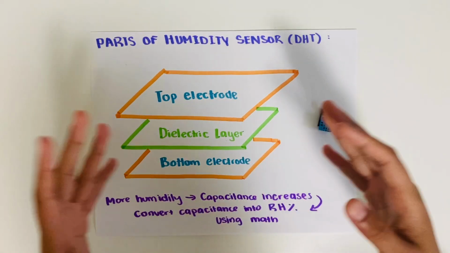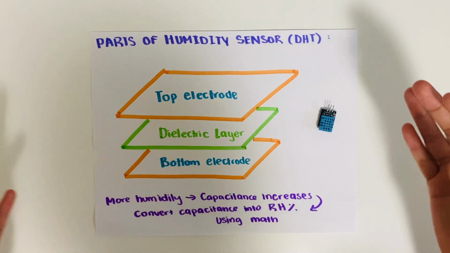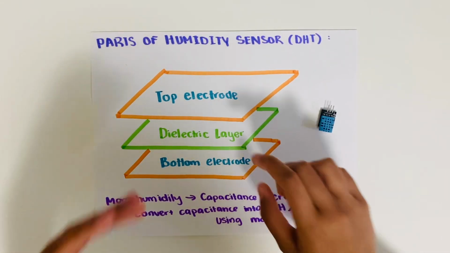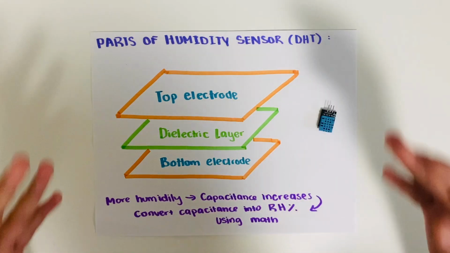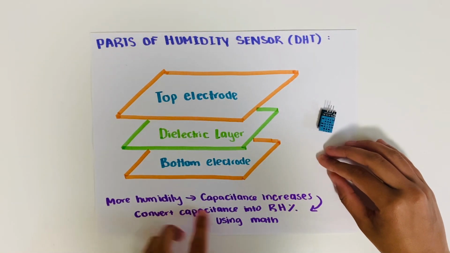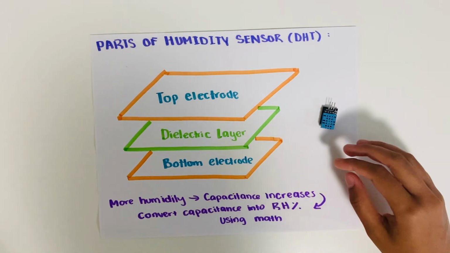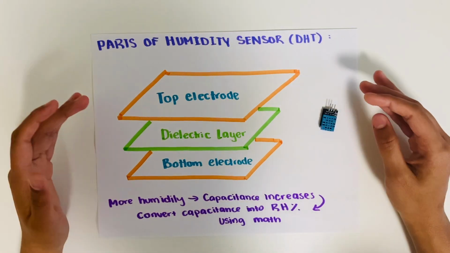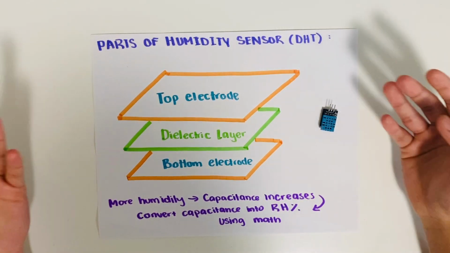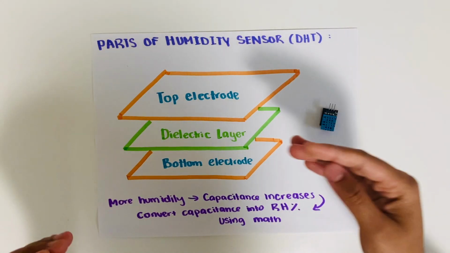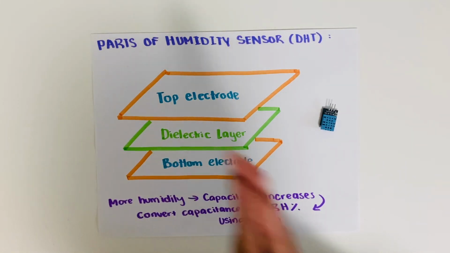But let's say it's very moist and there's a lot of humidity. Then more water is absorbed into this dielectric layer, which in turn creates more capacitance. So that's how this whole thing works. More humidity, capacitance increases, and then we can convert this capacitance into a relative humidity percentage using math. It's the same thing as the temperature. There's a graph. We can figure out how the capacitance converts into humidity.